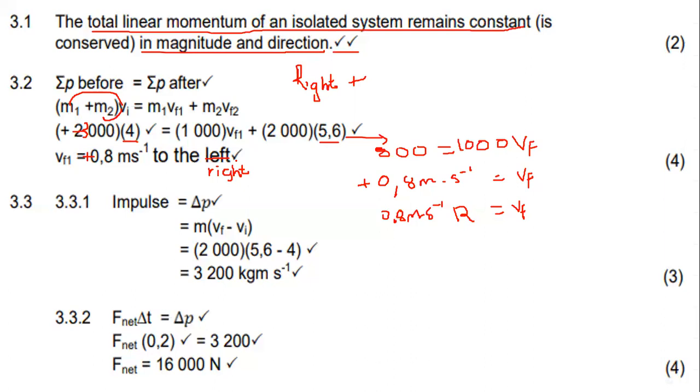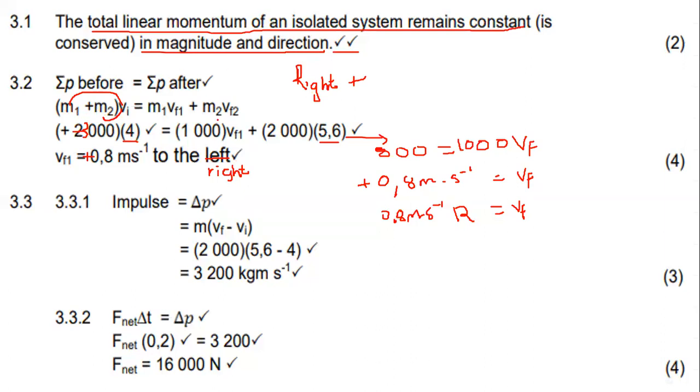So to really just go back to this one and clarify it for you, remember the mass of Coach A was 1,000 and that of Coach 2 was 2,000. So it gives you 3,000. And remember, they were going to the right. And if we choose the right as positive, so that will be a positive 4.